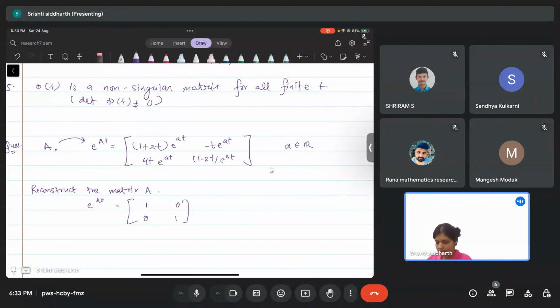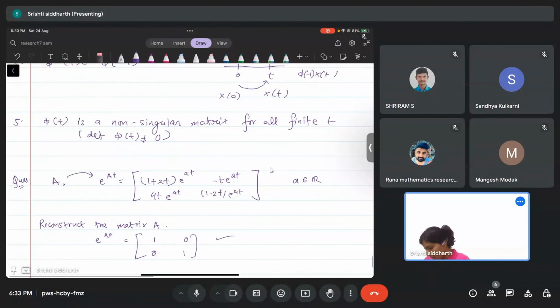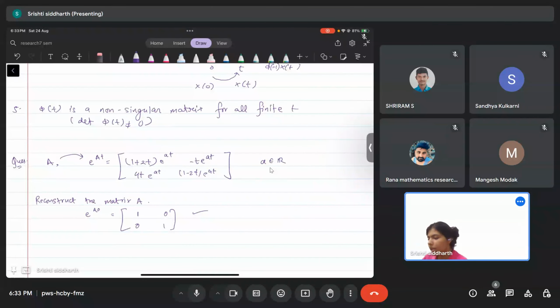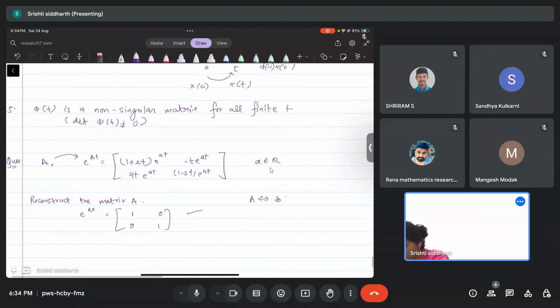So this is identity. So it's a state transition matrix. Now let's see. Is there any property which relates A and e to the power At, or which relates A and phi of t?